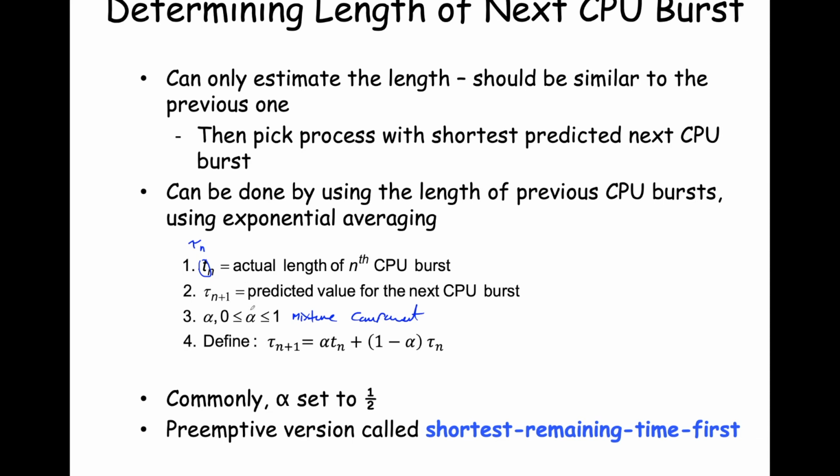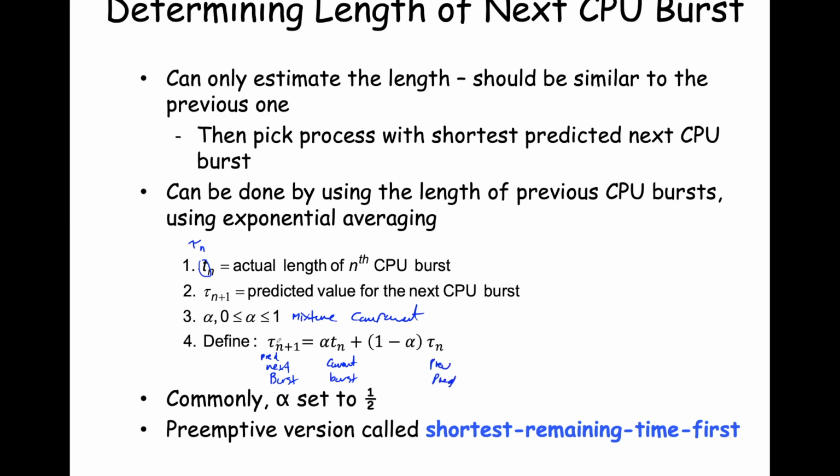We're going to use the mixture alpha to do that, where alpha is between 0 and 1 on the real number line. It's defined as: the prediction for the next burst is equal to alpha times the current burst that was measured, plus 1 minus alpha times the previous prediction.